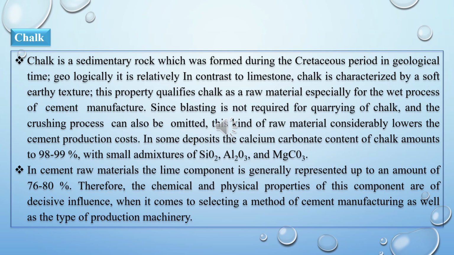He also discussed that in some deposits, the percentage of calcium carbonate in the chalk is 98 to 99%, which includes some other compounds like silica dioxide, aluminum oxide, and magnesium carbonate.